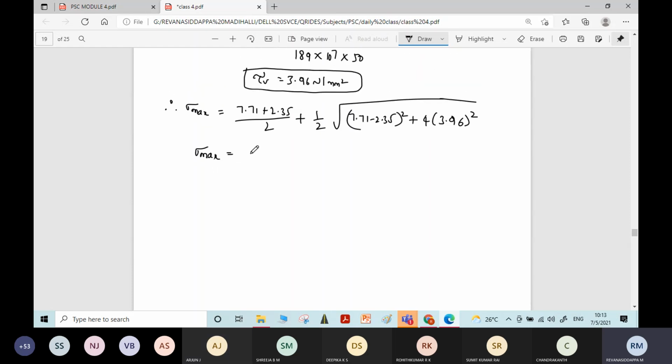The answer is 9.8, with plus sign, which is nothing but compression.